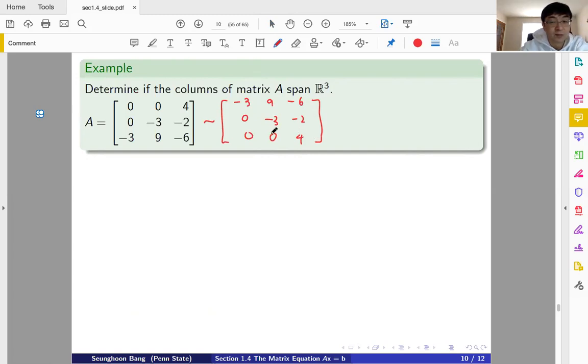Every row has a pivot: the first row has -3, the second row has -3, the third row has 4. So every row has a pivot. What's your final answer? Ax equals b has a solution.